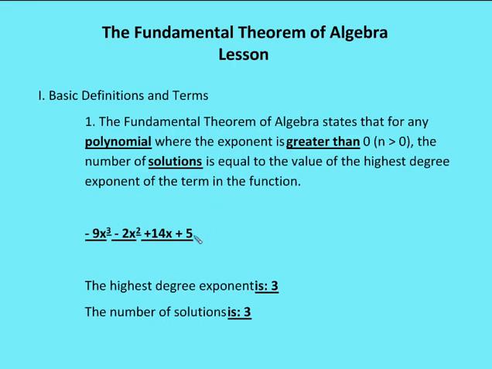So if I were to set this equal to 0, I'm going to find 3 values of x that would make that polynomial true. All right, so the highest degree exponent is 3. The number of solutions then is going to be 3. So the requirement is that in the polynomial, the exponent has to be greater than 0.